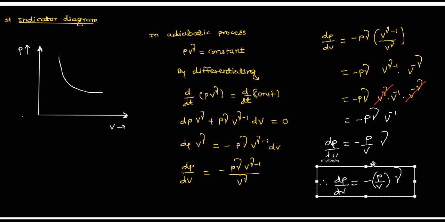This is dP by dV from this indicator diagram. Here, if you want, note it down first. This is the slope dP by dV; we got it like this. Check it once.